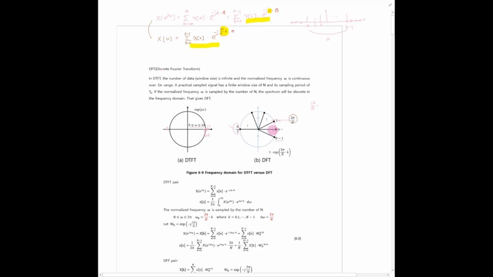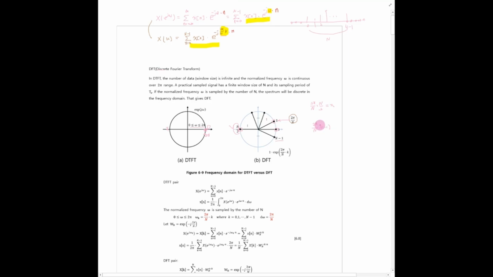let's assume k is N over 2 at this point. So k goes 0, 1, 2, 3, and reaches N over 2, and that becomes pi. That is obvious at this point. So from 0 up to N over 2, and coming back to N minus 1. The last point is here, and the maximum k is N minus 1.